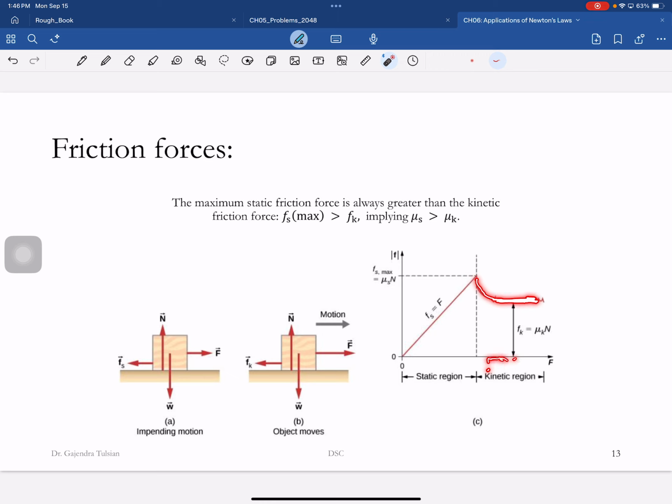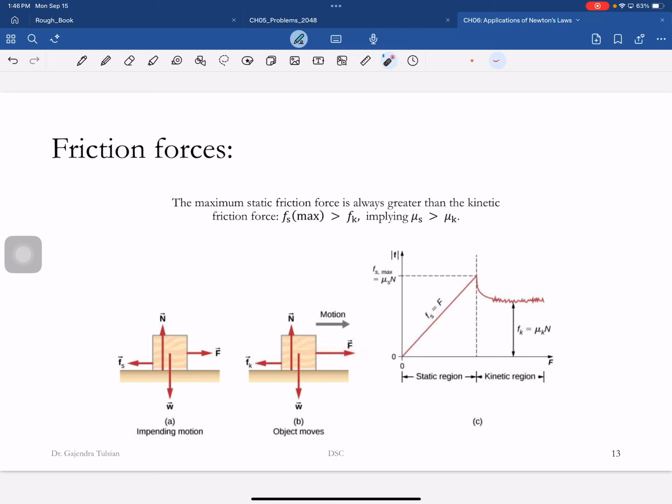So if you apply this force, the kinetic friction force is that much, which is smaller than that, and the object accelerates. Once you apply a force greater than that, the kinetic friction force is constant, and this applied force is greater, and it will keep accelerating.